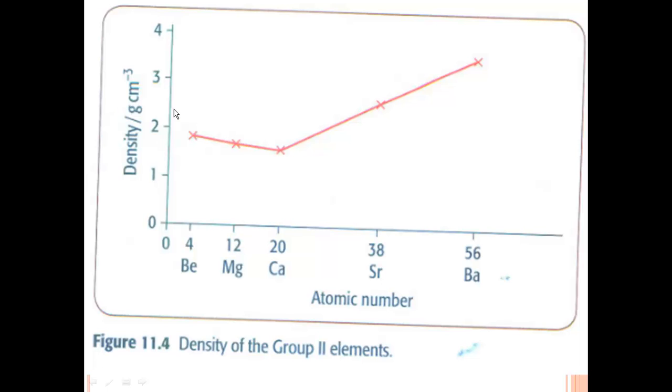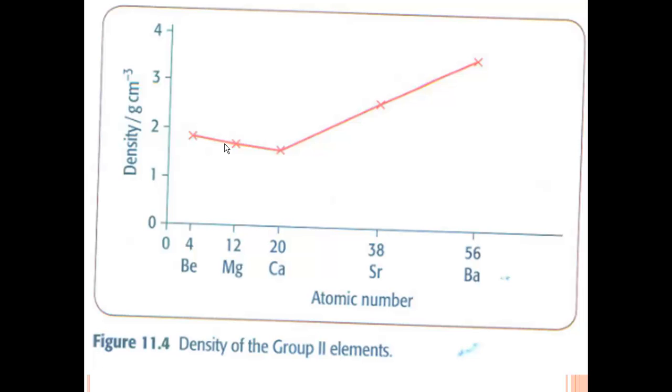Density generally goes up, typically because the mass to volume ratio is increasing. Even though the volume is increasing a little bit because of energy levels, the mass is significantly getting bigger as you go down. The reason why it dips from beryllium to calcium is because the mass change is insignificant compared to its volume change.